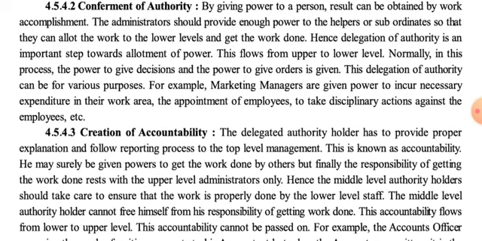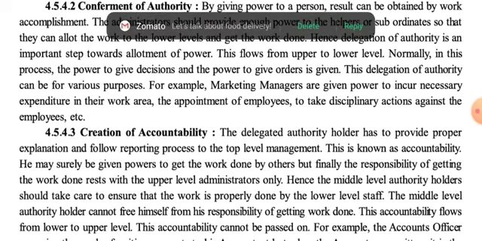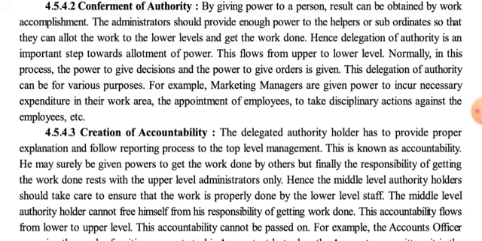And second one is the power to give orders. It means now they are able to give orders to each and every employee or worker working under them. And in this way, they make sure that the particular thing can be completed within a stipulated time period.